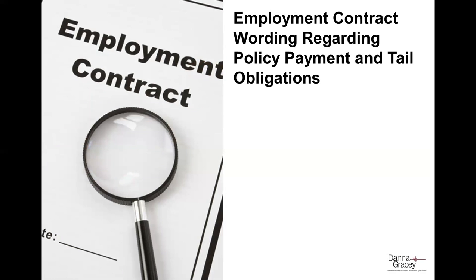I can tell you that through the years we've seen some really horrendous malpractice insurance wording on employment contracts. And we've seen a number of lawsuits come out of confusion about the language on employment contracts, and most often in regards to this very issue of tails and who's responsible for the tails, and do they have to buy a tail versus allowing them to take their retro elsewhere and so forth.